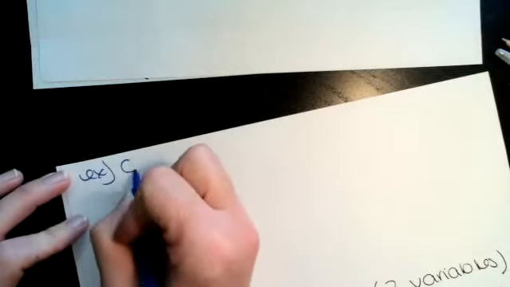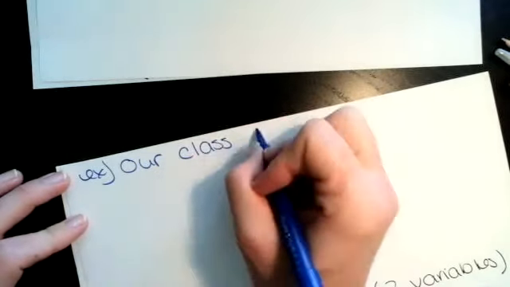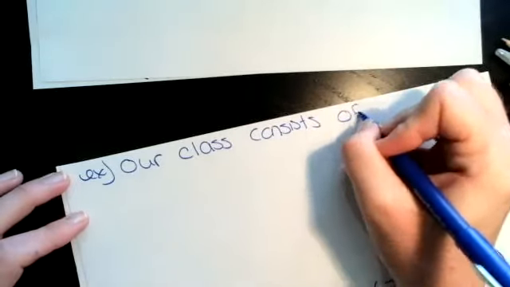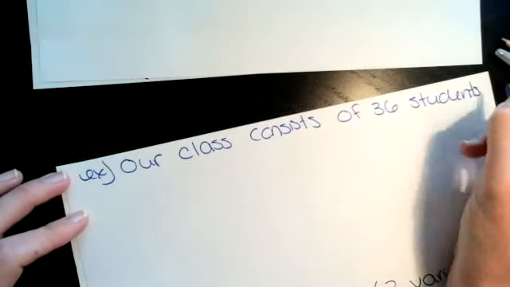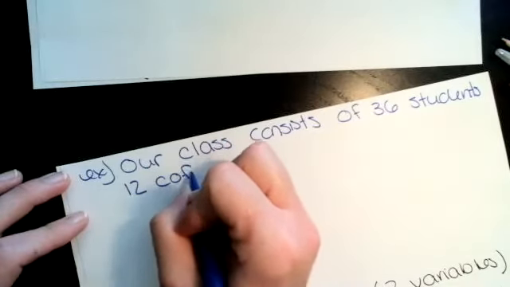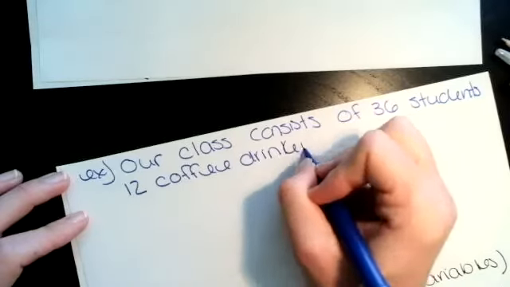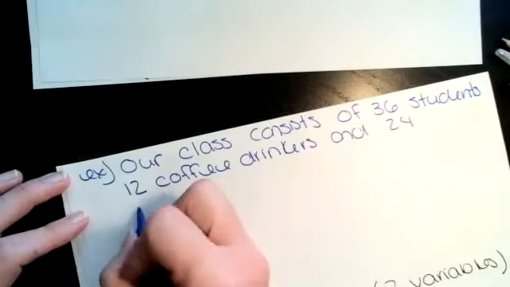So let's take a look at an example. A class consists of 36 students: 12 coffee drinkers and 24 non-coffee drinkers.